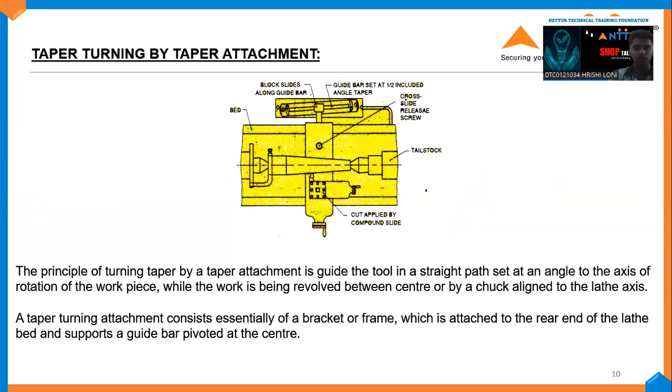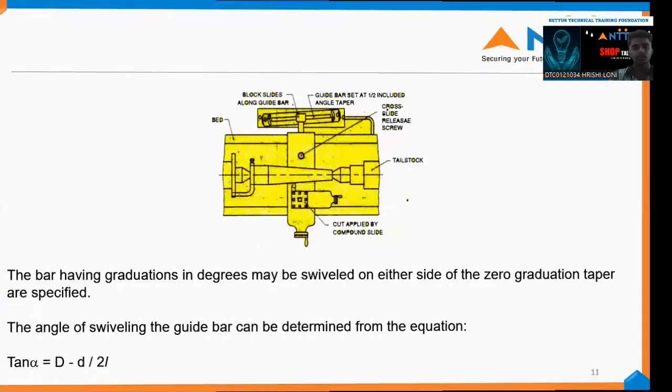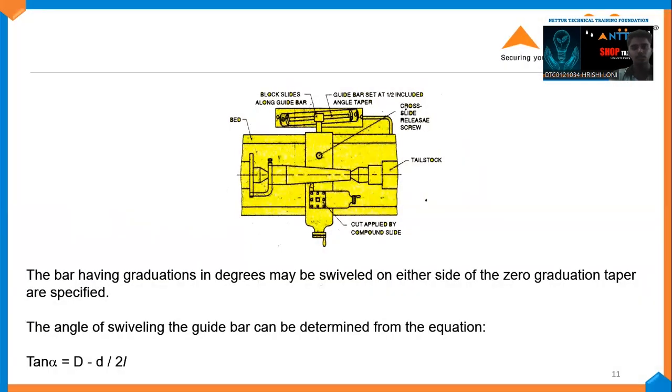A taper turning attachment consists essentially of a bracket or frame which is attached to the rear end of the lathe bed and supports a guide bar pivoted at the center. The bar, having graduations in degrees, may be swiveled on either side of the zero graduation, and tapers are specified.